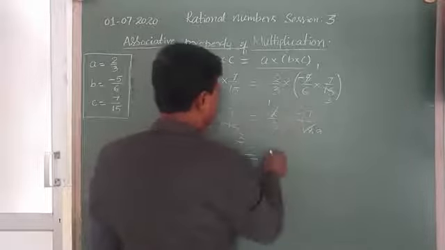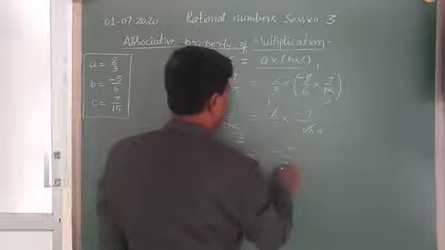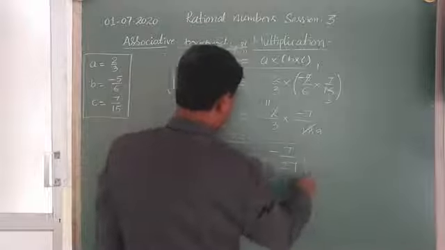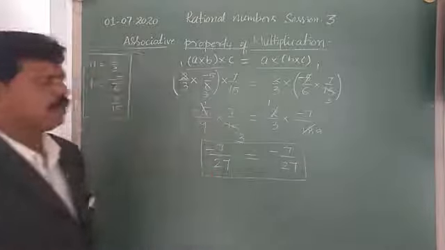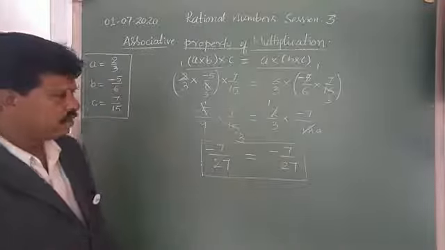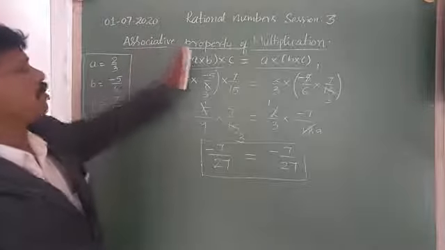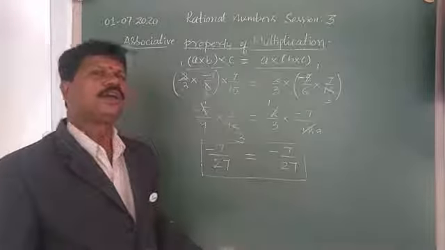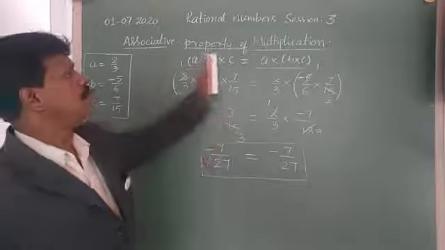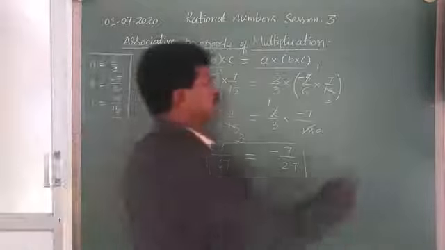So minus into plus, minus 7 ones are 7 by 9 threes are 27. So here look at the answer. Left hand side and right hand side are the same. So this shows that the associative property of multiplication holds good. The associative property holds good for multiplication under the rational numbers.